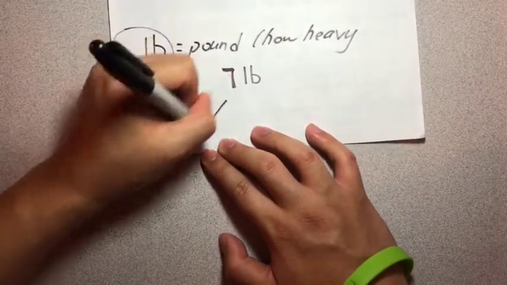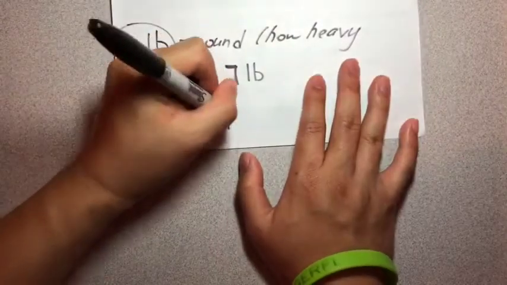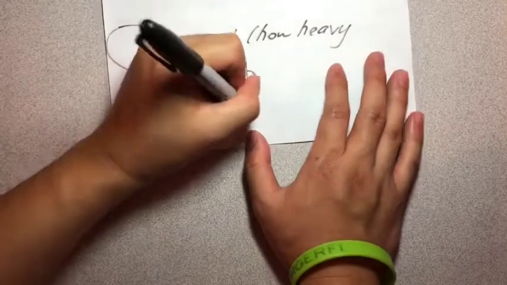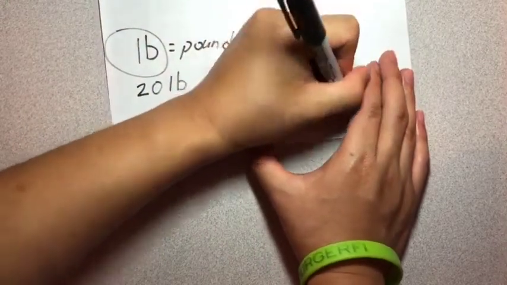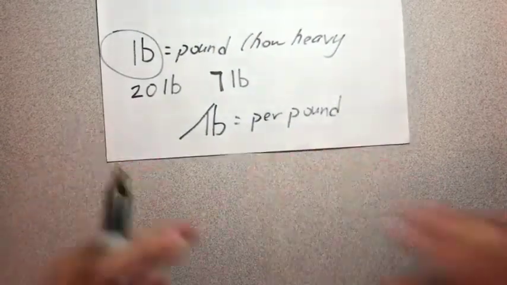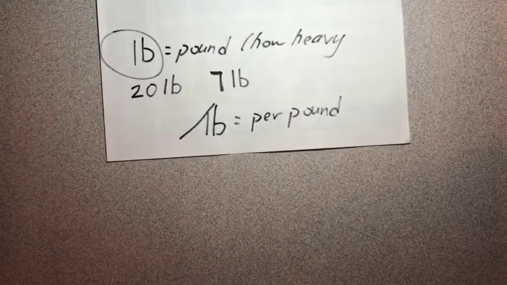Now, if we see this line, this diagonal line, this means per pound. The line here, LB, means per pound. So now let's put the dollar sign with the pound sign together.